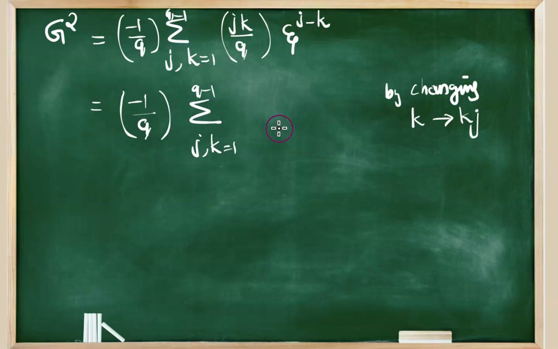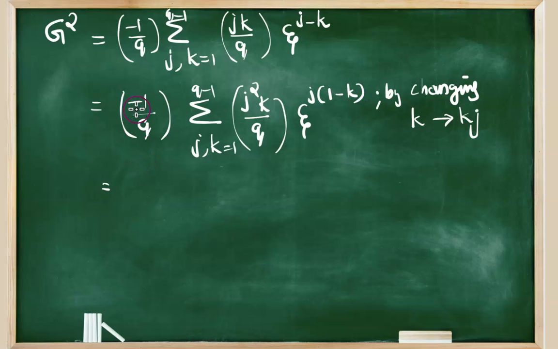And now by changing K to KJ, we will be getting terms J into KJ, that is J square K by Q, into theta raised to J minus KJ. We can take this J outside and we will get theta raised to J into (1 minus K).